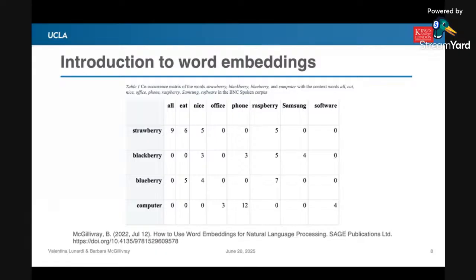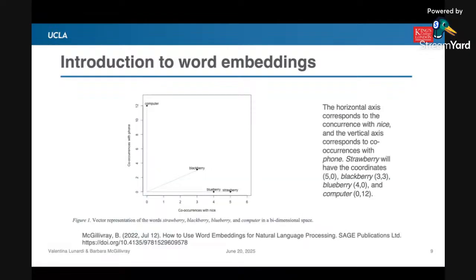So, for example, strawberry in a hypothetical set of sentences co-occurs with "all" 9 times, with "eat" 6 times, with "nice" 5 times, and so on. And all of the numbers in the row that you see will be the vector coordinates for strawberry.